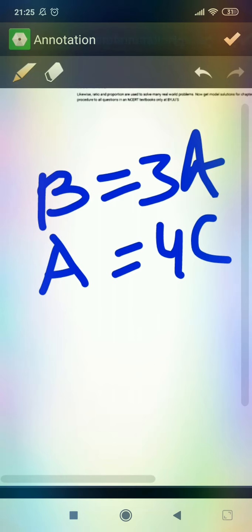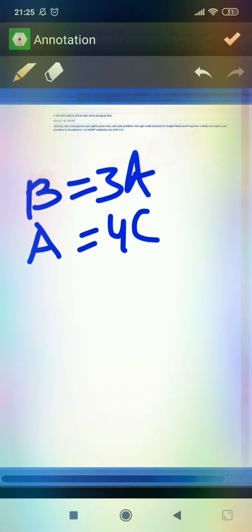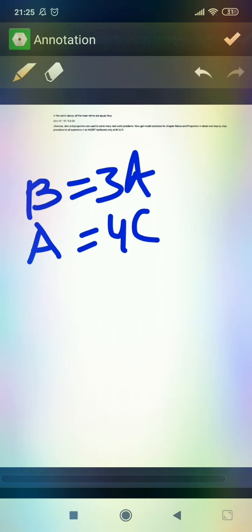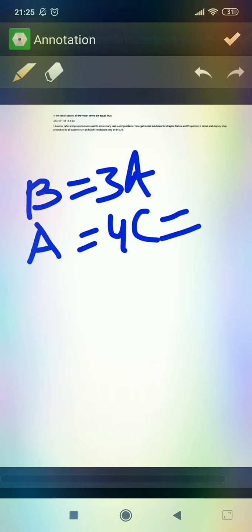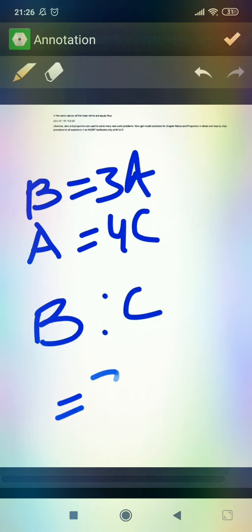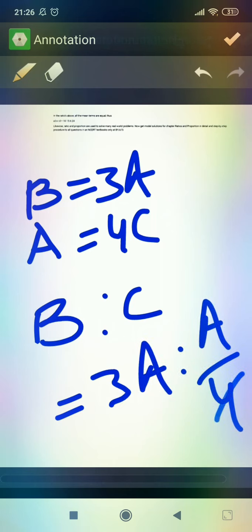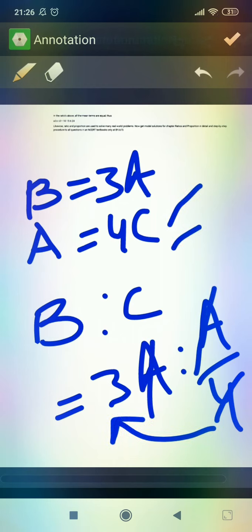How will you find the ratio of B is to C? From this, apply unitary. So C is equivalent to A by 4 only. In this situation, B is to C is equivalent to how much? 3A is to A by 4. Simplify that. A cancels, 4 cancelled, and applied to this gives 12 is to 1. This is the answer.